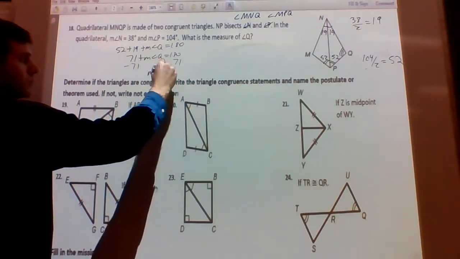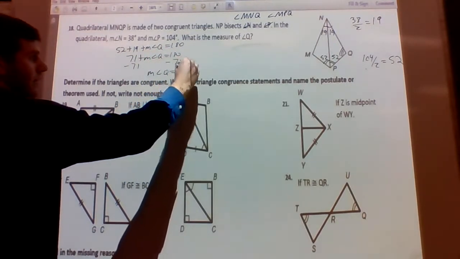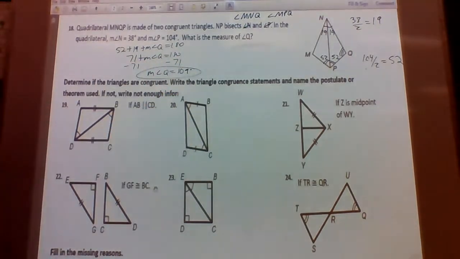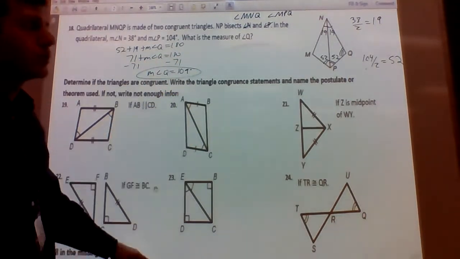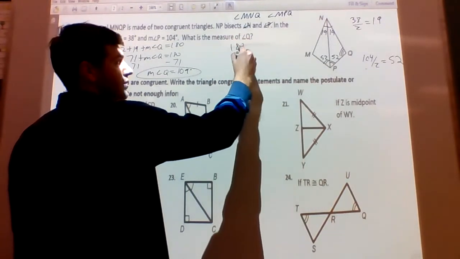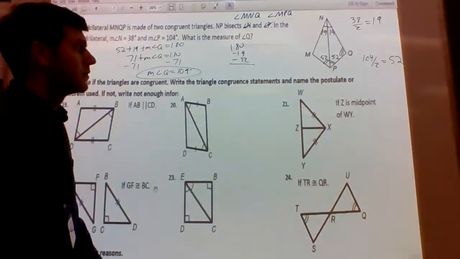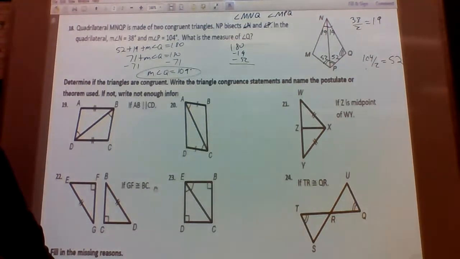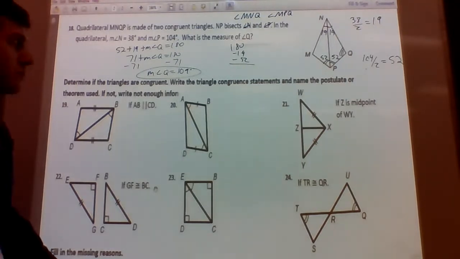The measure of angle Q is going to be 109 degrees. If it's easier for you to just do 180 minus 19 minus 52, that's fine. Either way would work. That's going to be minus 71.